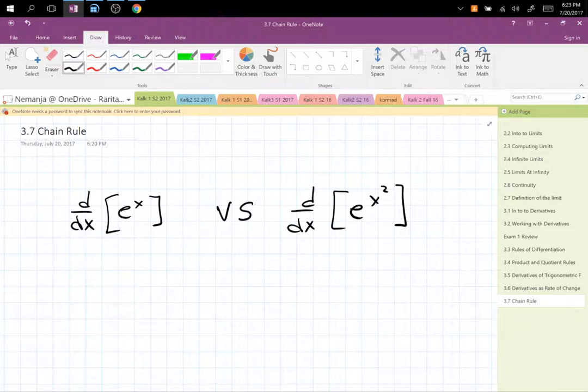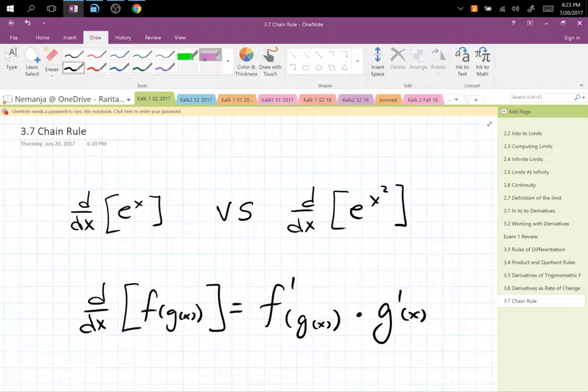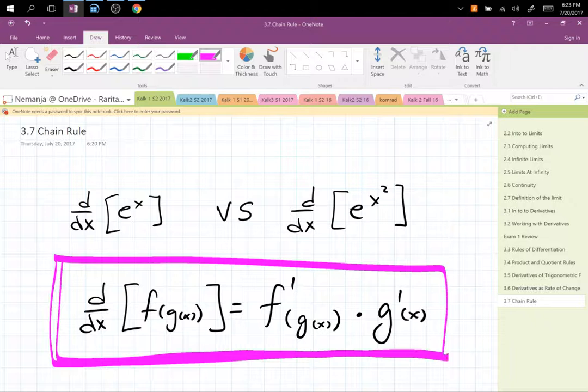And so we start from writing down that the derivative of function composition is the derivative of the outer function with the inner function still plugged in, times the derivative of the inner function. So this is the standard way to write the chain rule formula.